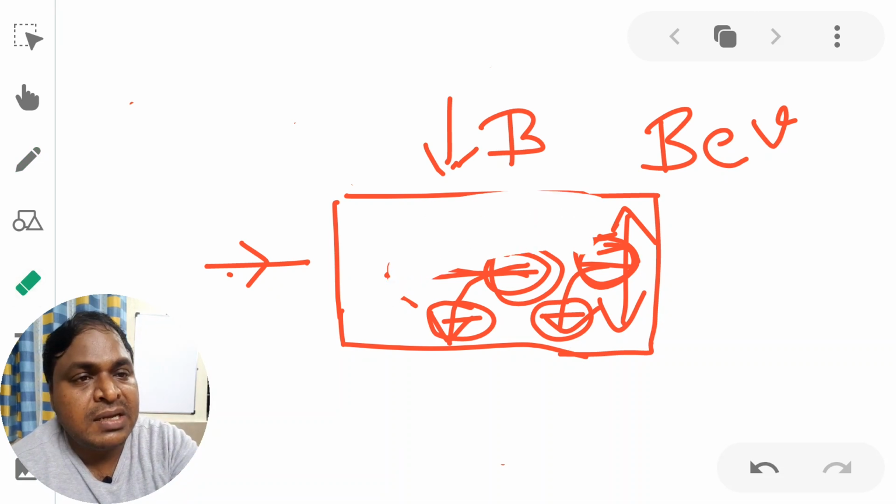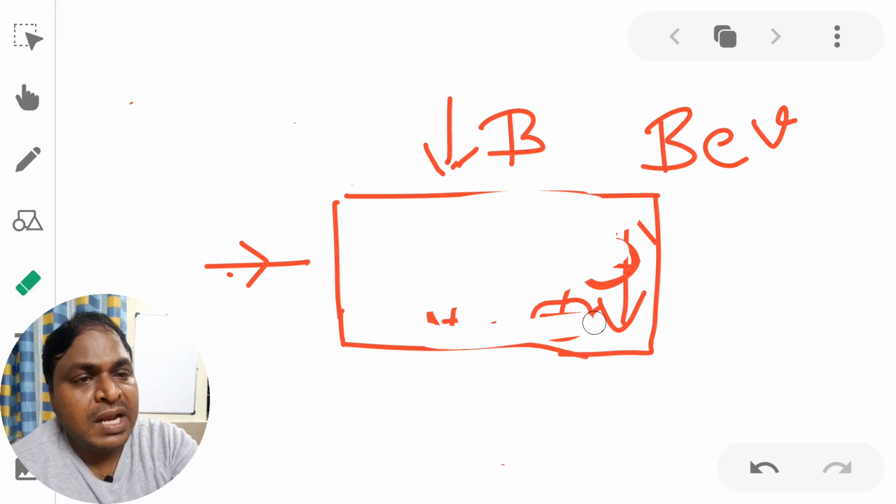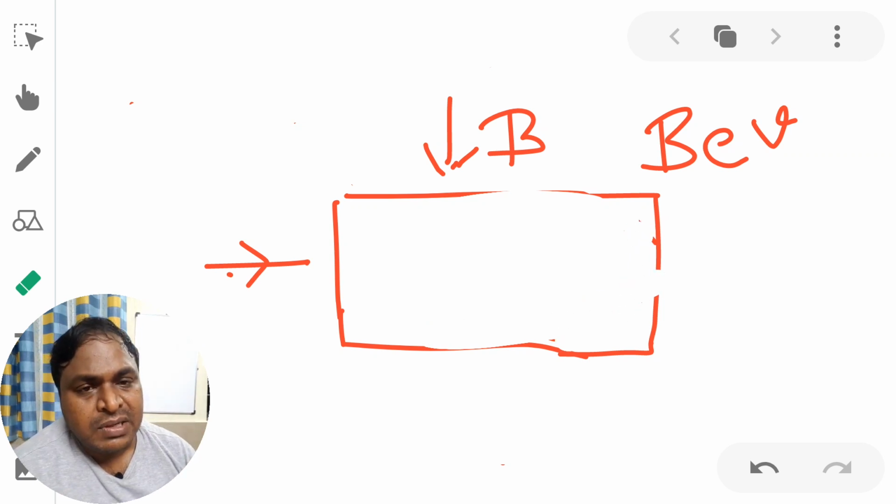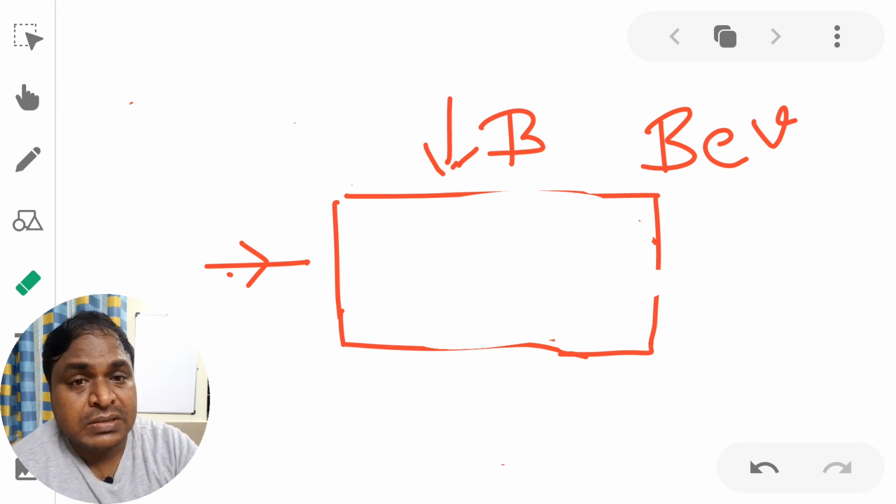Let me make it clear. When electrons are moving in a straight direction, that is minus X direction, and you have a magnetic field given, let's say in Z direction, right?